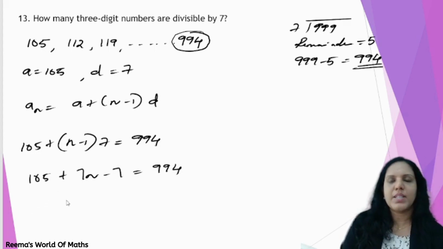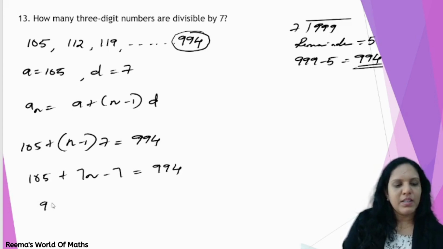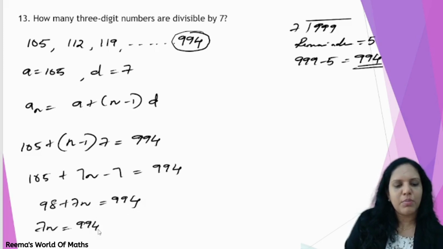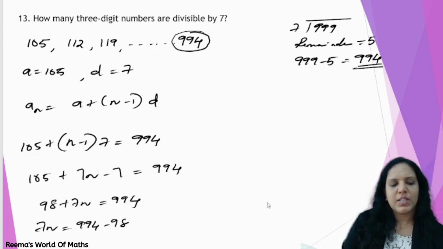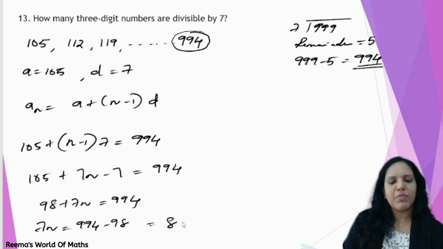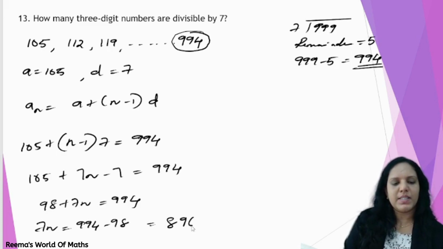So 105 minus 7 will give you 98, plus 7n equals 994. 7n equals 994 minus 98. 994 minus 98 will be 896.